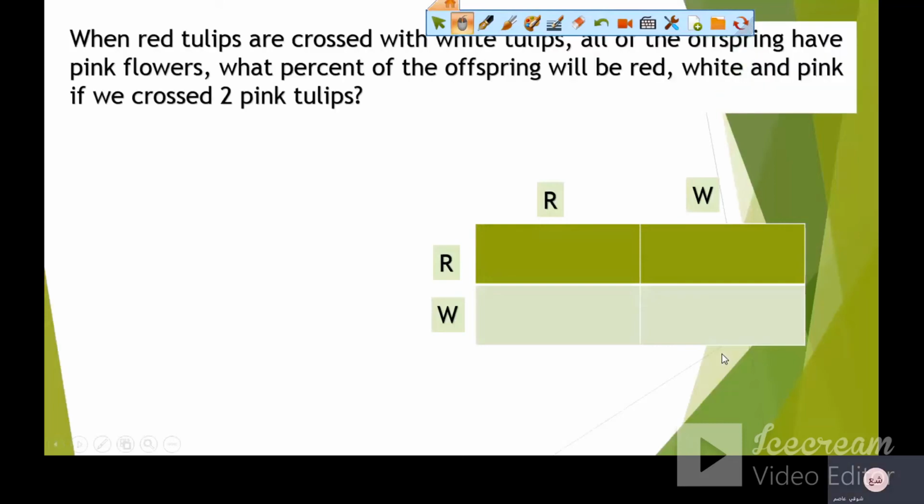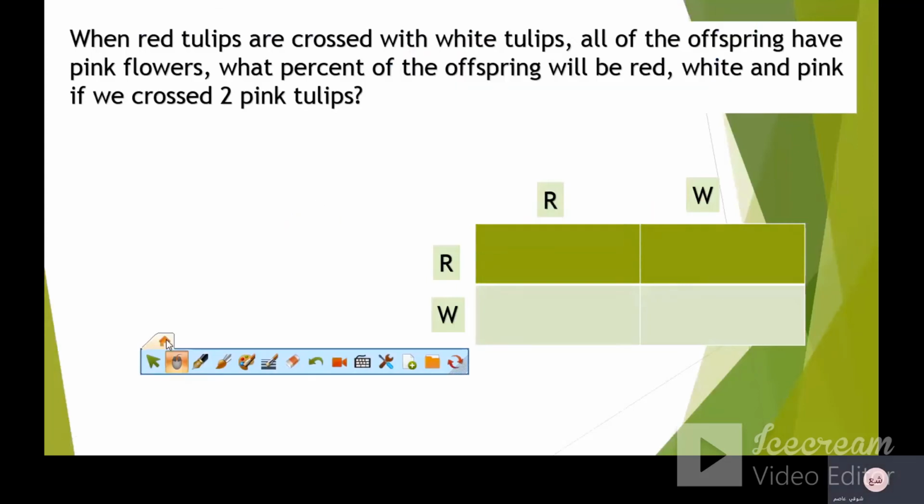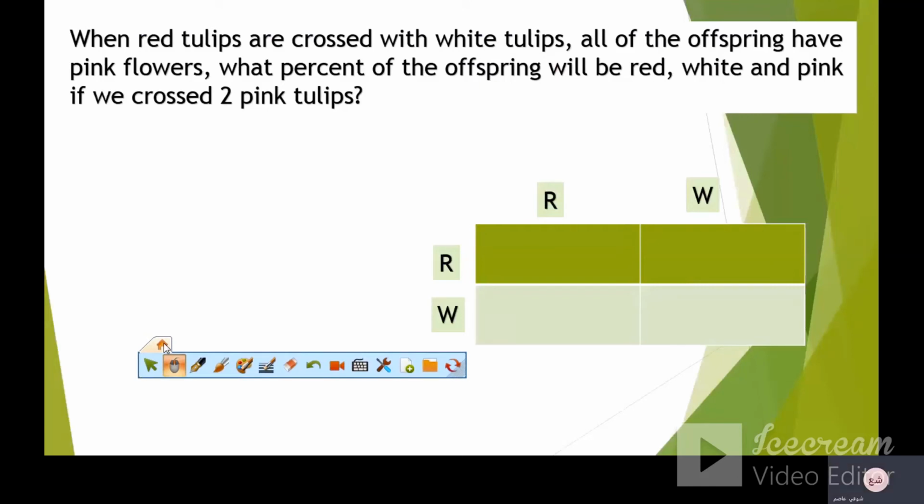Let's see this example. When red tulips are crossed with white tulips, all of the offspring have pink flowers. What percent of the offspring will be red? What will be pink?